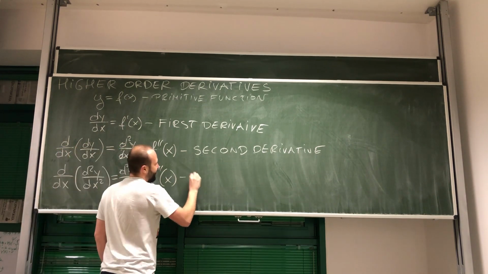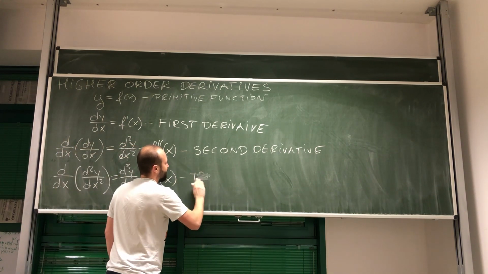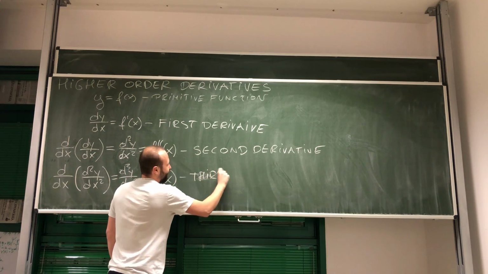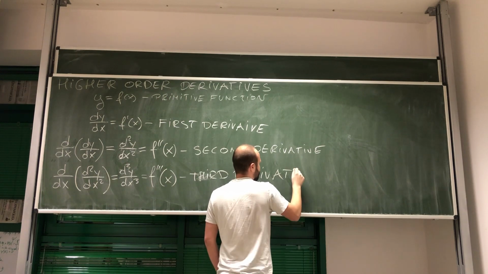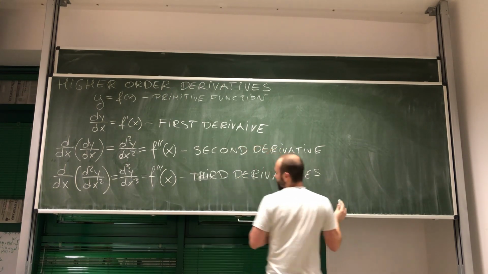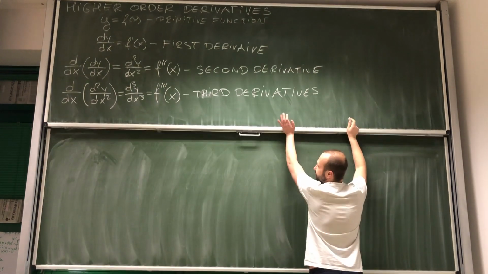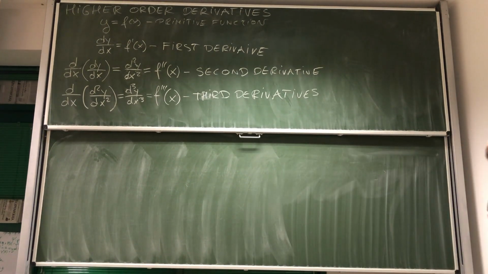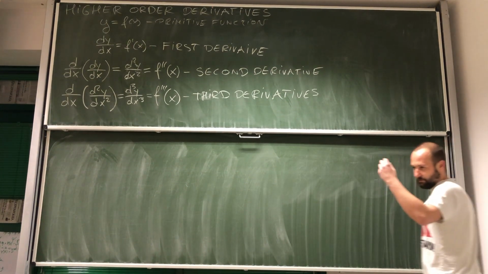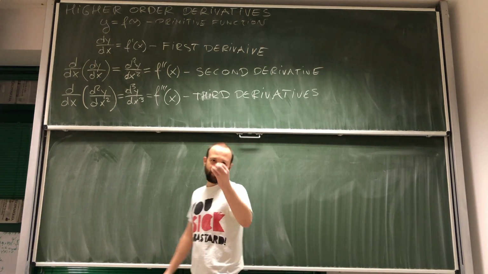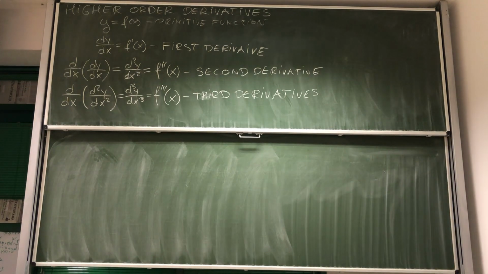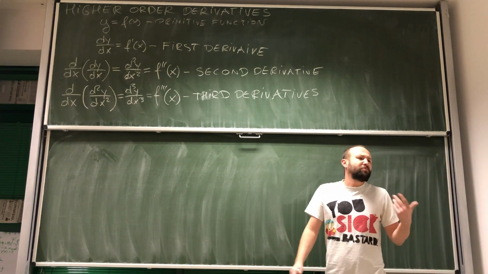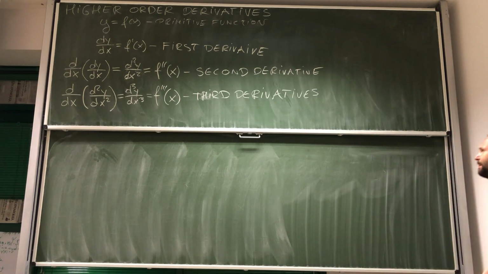Okay, so we've got the third derivative. Look, how many derivatives can we actually calculate? We can, look, even take the derivative of 0, which has derivative 0, which has derivative 0, which has derivative 0. We can take this derivative as many times as we want, and usually as many times as needed.